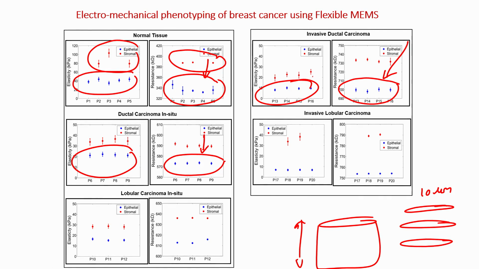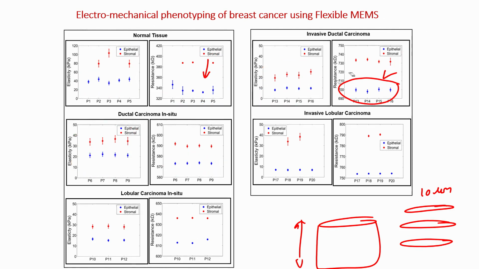In the case of invasive ductal carcinoma, it is somewhere around 25 kilopascal, while for ductal carcinoma in situ it is around 38, about 40 kilopascal, right. So, what does that mean?